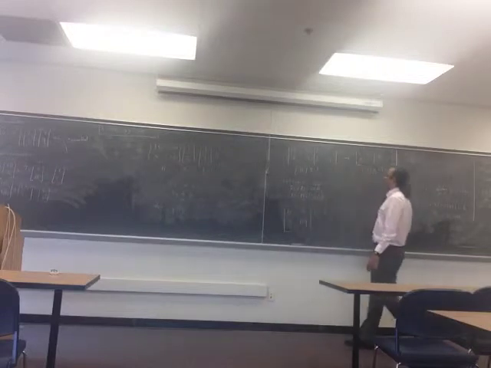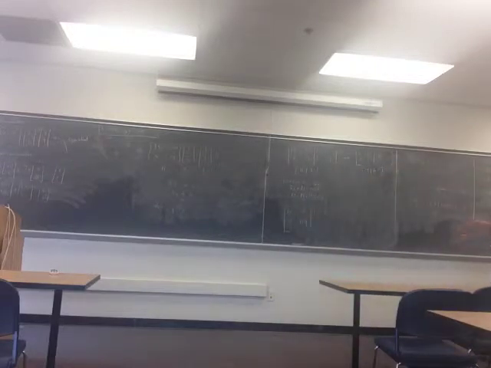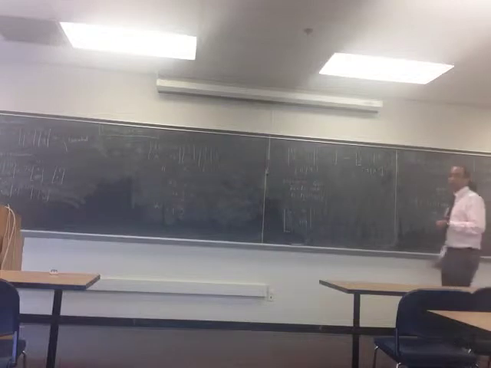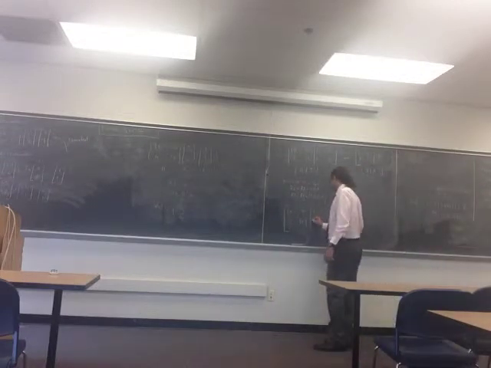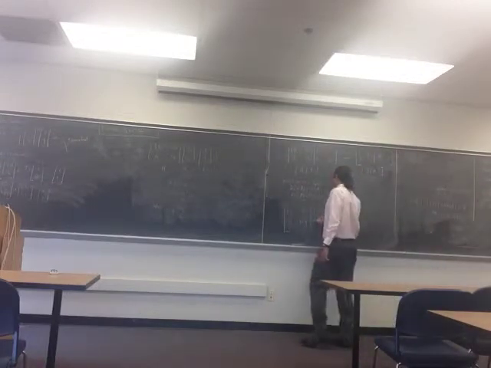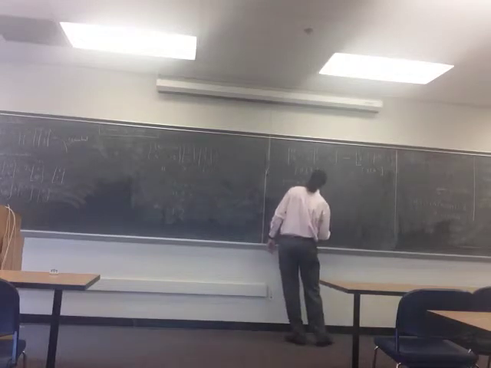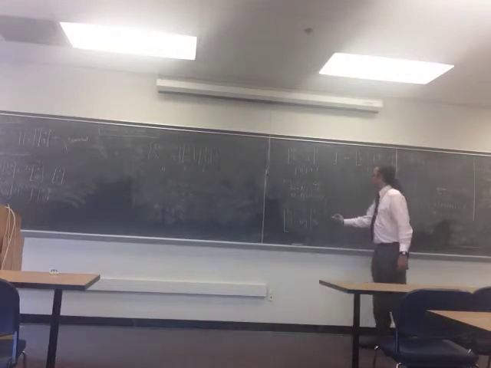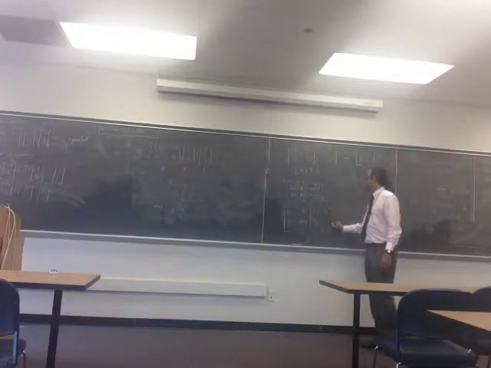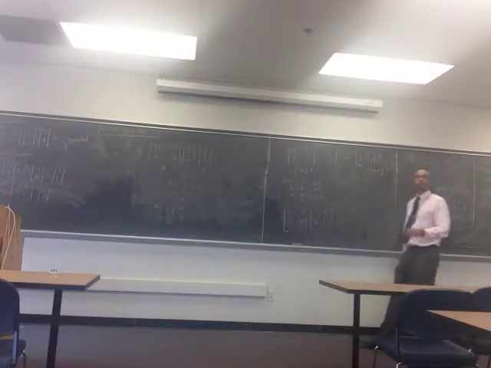How about this one here? Row 2 equals row 2 minus 4 by 10 times row 1. So that'll become negative 4 by 10. And this will become 1. This will stay as 1.